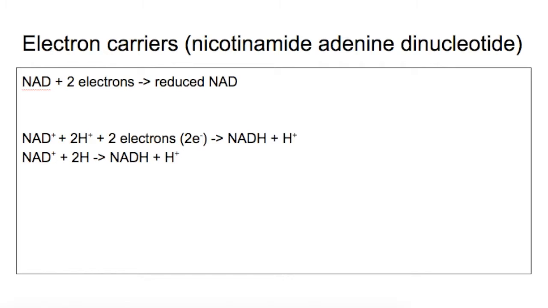The NAD accepts both the electron and proton of the other hydrogen atom, which you can see in the other two equations. What this reaction shows us is that reduction can be achieved by accepting atoms of hydrogen because they have an electron. Oxidation can therefore be achieved by losing hydrogen atoms.